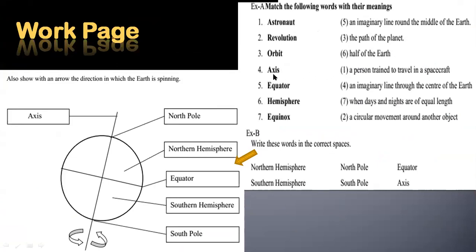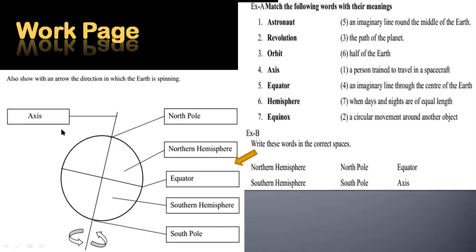Fourth, axis, an imaginary line through the center of the earth. Fifth one, equator, an imaginary line around the middle of the earth. Number 6, hemisphere, half of the earth. And the last one, equinox, when days and nights are of equal length.